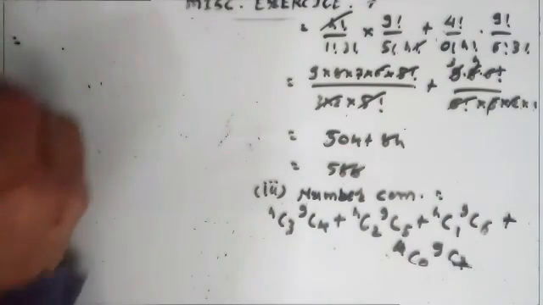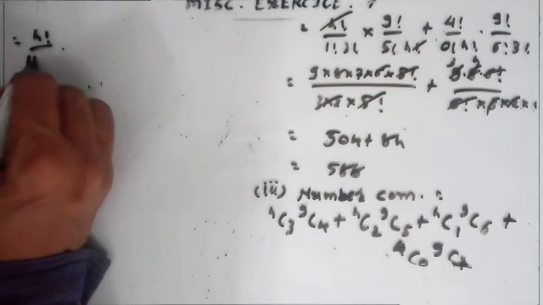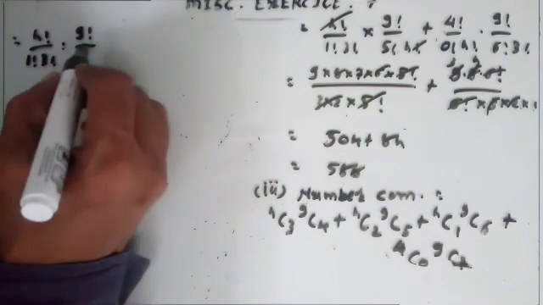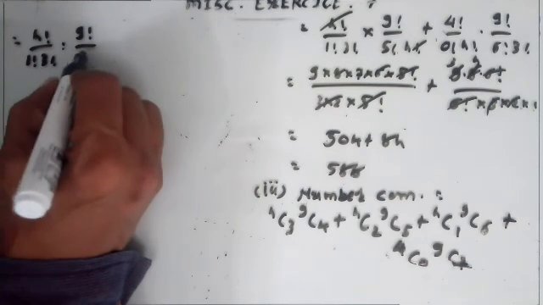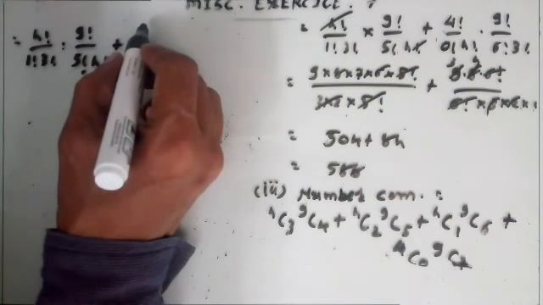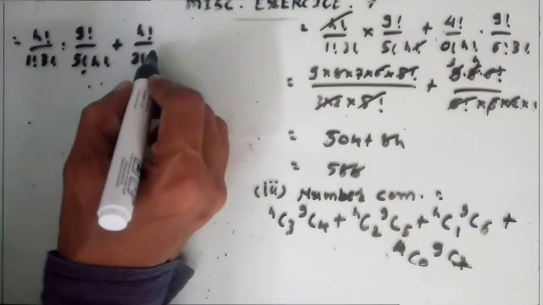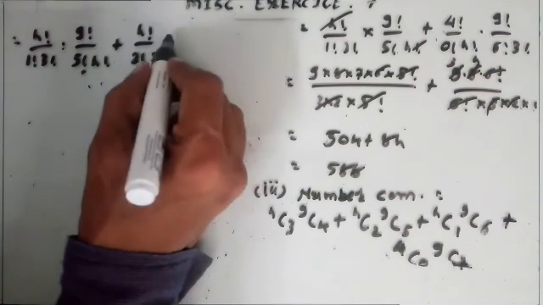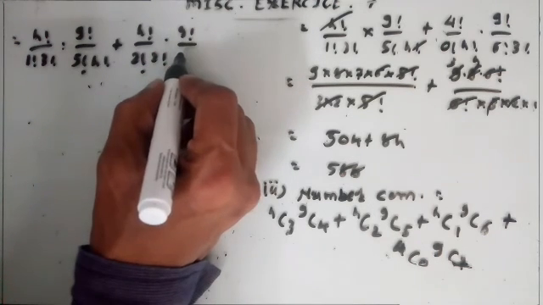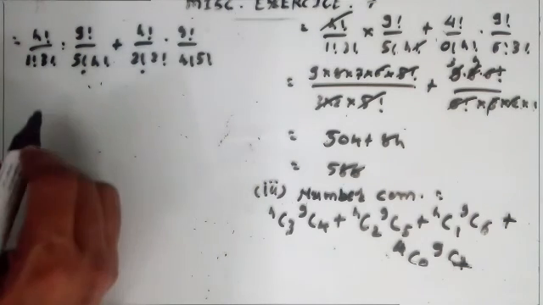So 4C3 is equal to 4 factorial upon (4 minus 3), that is 1 factorial, into 3 factorial, into 9C4, that is 9 factorial upon (9 minus 4), that is 5 factorial, into 4 factorial, plus 4C2, that is 4 factorial upon (4 minus 2), that is 2 factorial, into 2 factorial, into 9C5, that is 9 factorial upon (9 minus 5), that is 4 factorial, into 5 factorial. Clear?